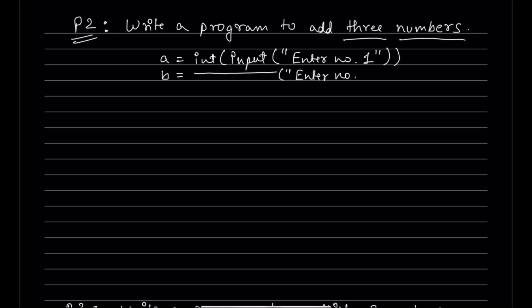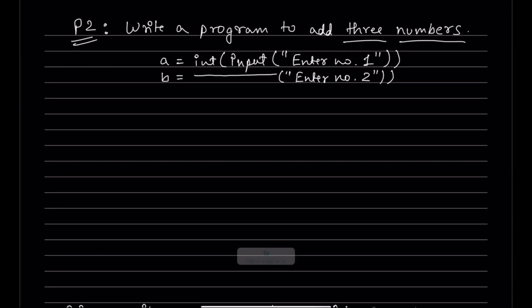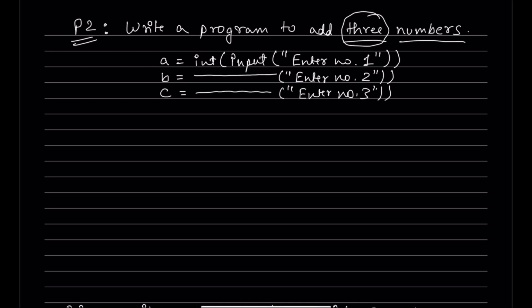I'll say enter the number 2, and I'll close the brackets. Again, as we have to enter three numbers, I'll take another variable, that is c. Again, I will repeat the command, and then I'll put in a request like enter number 3. It's done. So now we have taken three inputs from the user.